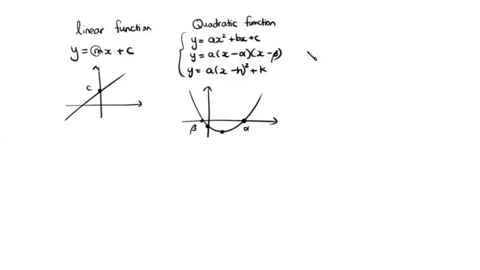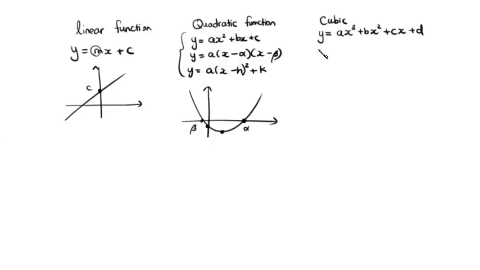The basic form of cubic, so cubic is power of 3. So this one's power of 1, this is power of 2, this is the power of 3. So I'll introduce the cubic. The general form, of course, is ax to the power of 3 plus bx squared plus cx plus d, as you expected.